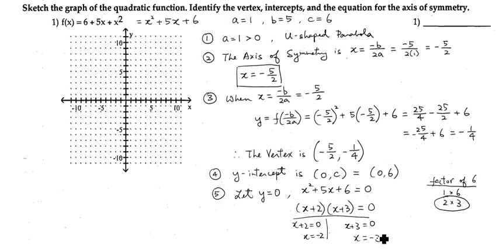Intercept is always a point, a coordinate, x, comma, y. So let's conclude that therefore the x-intercepts, we have two of them, are negative 3, comma, 0 and negative 2, comma, 0, like this.